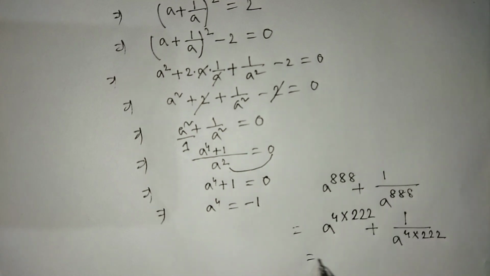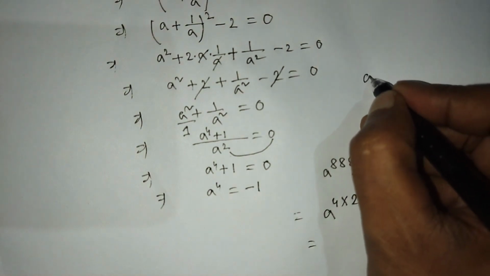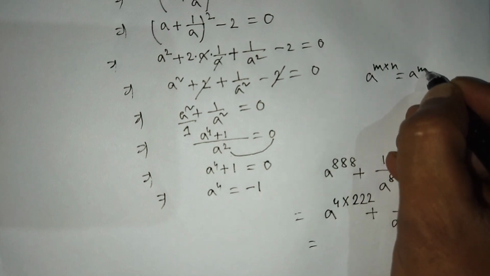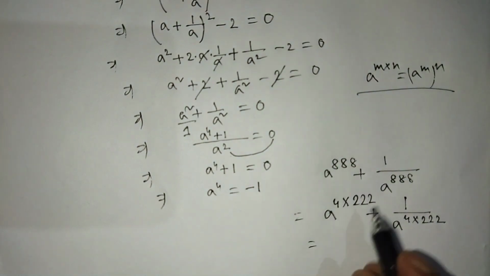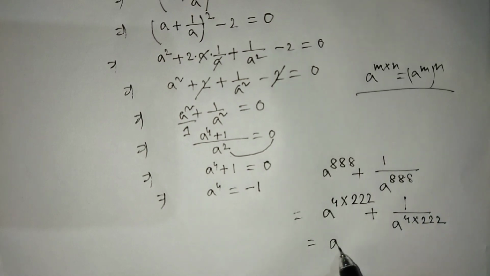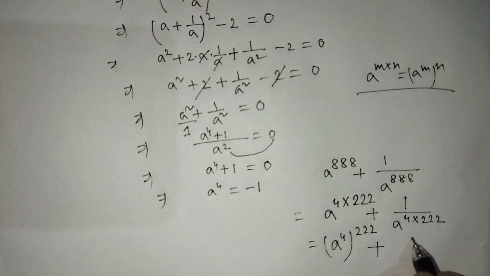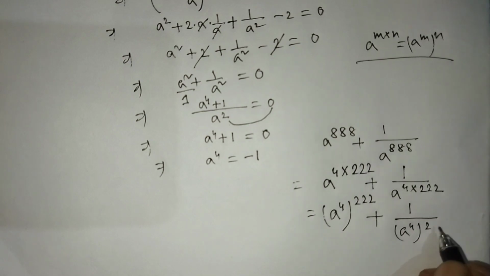Okay student. After that we have to apply the formula a to the power m into n, that means a to the power m whole to the power n. So this formula we have to apply here. Okay. So if you apply this formula, we have to write here a to the power 4 whole to the power 222 plus 1 over a to the power 4 whole to the power 222.